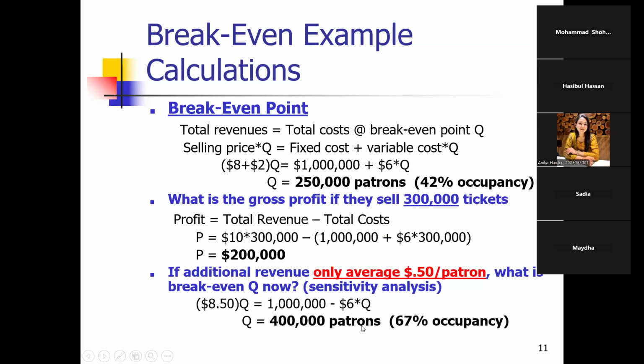But it is 400,000 patrons. 1 million divided by 8.5 minus 6 equals 400,000. Where does the 8.5 come from?